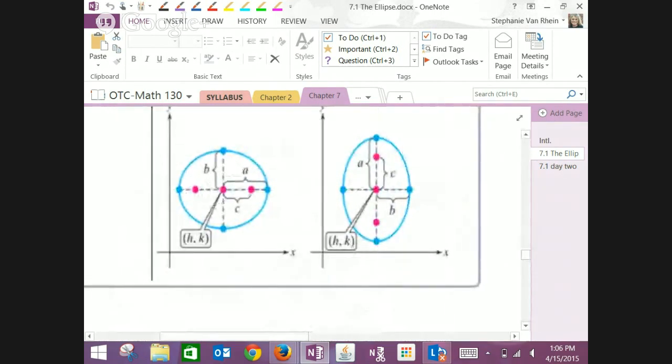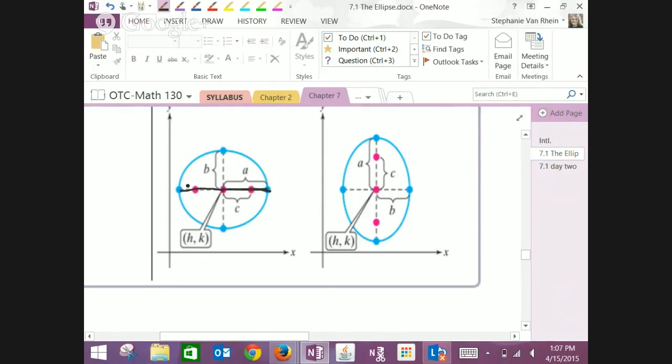A is just the distance from the center to the major axis endpoint. So if the major axis is the X, then we're going to shift the center. We're going to move A units to the right and A units to the left, and we're going to find the major axis endpoints.